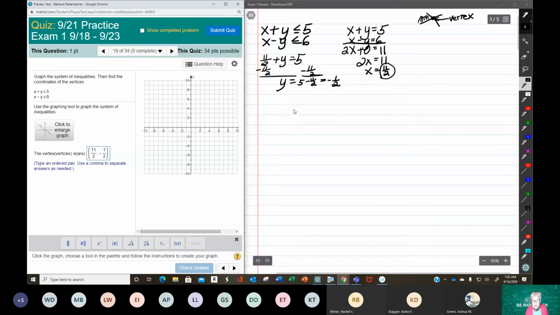If you have a problem where you have something like this, and this was one of the homework problems, and it ends up that that's the shaded area, and then this is a vertex, this is a vertex, and this is a vertex.